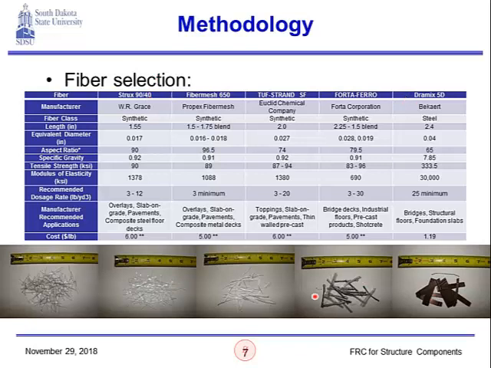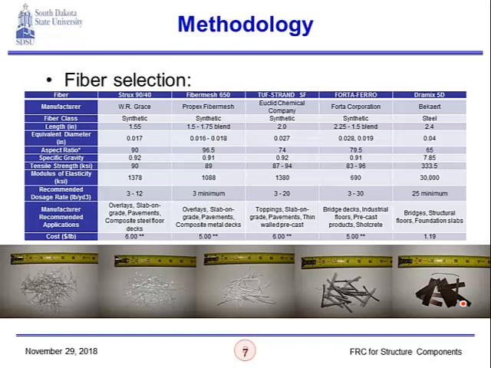So these four fiber types are all synthetic, which is basically the main focus of our research, because South Dakota DOT is more interested in synthetic fibers, as steel fibers would be susceptible to corrosion, especially in places where we have very harsh winters, just like we have here in South Dakota. So we really focus on synthetic fibers, but we also tried one steel fiber just as an extra, to compare it to the performance of the other synthetic fibers.